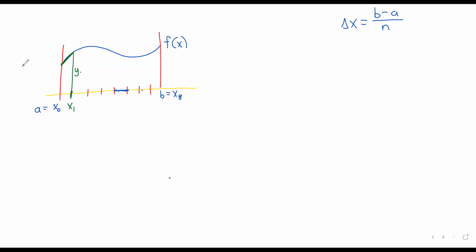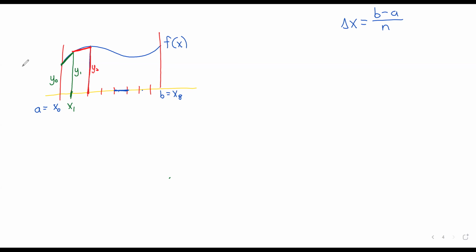This height at x1 we call y1. This height at x0 we call y0. And then similarly, this height at x2 we call y2.